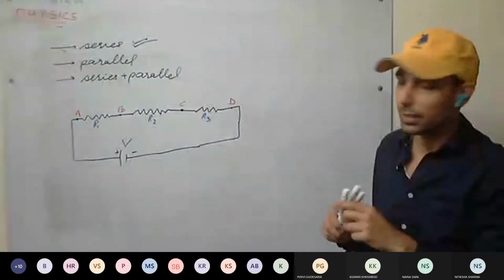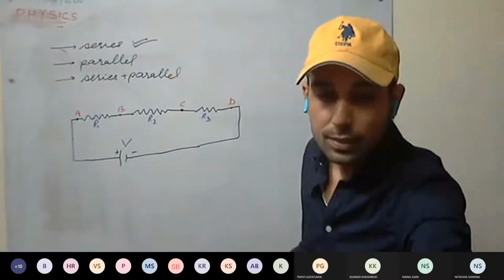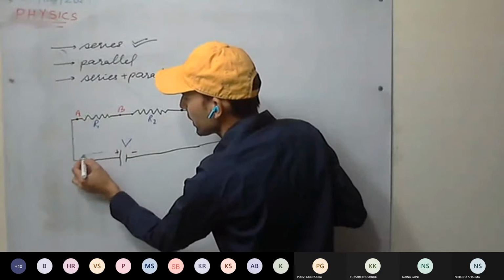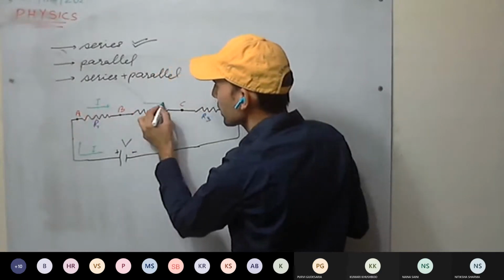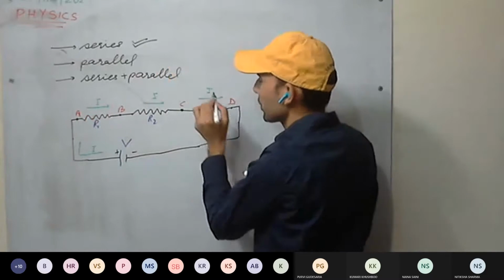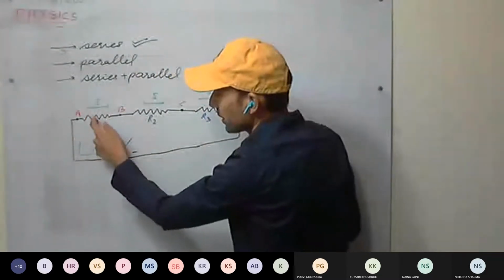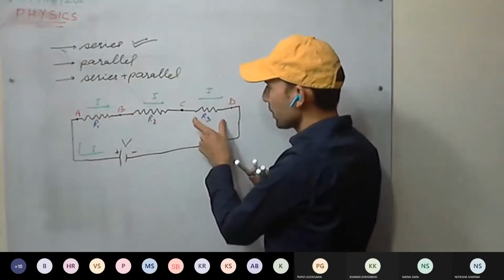This is the path of the current. The current flowing through all the resistances is the same. I current flows through each. But what about the potential? Some potential drop here, then some drop here, some drop here.